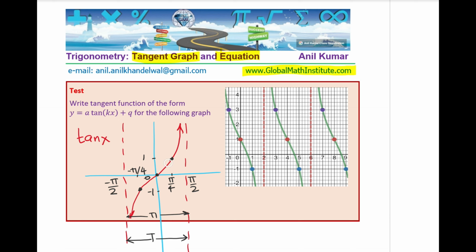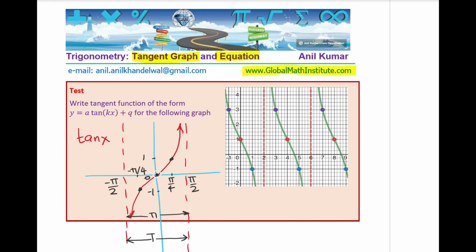Now these critical points have the y value of 1 and are at a quarter of the cycle. You get the idea. So pi is the time period, and at a quarter of the cycle we have plus and minus values for this always increasing graph as shown here.